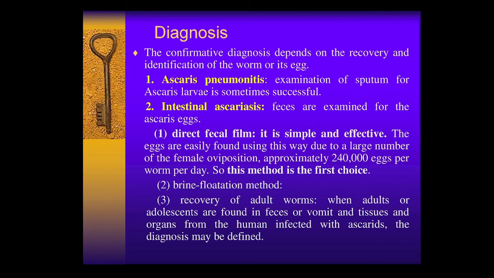Direct fecal smear is very simple and very effective. Eggs are easily found this way because a large number of eggs are laid, as each female lays approximately 240,000 eggs per day. So this method is effective and is the first choice.